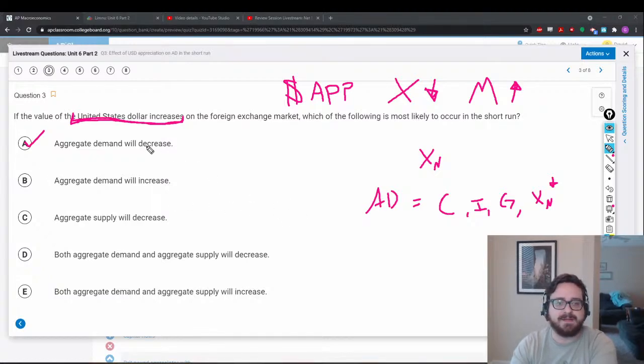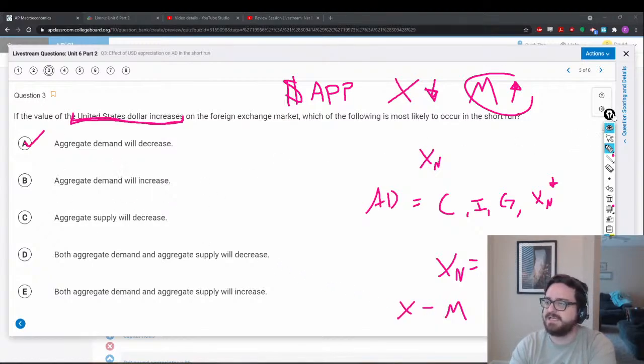We have less spending power. Or at least, our spending power wouldn't be helpful. Because we'd be able to buy a lot of stuff from other countries. Imports are bad. XN is exports minus imports. Imports going up is a bad thing here. We don't want that. So aggregate demand will decrease.